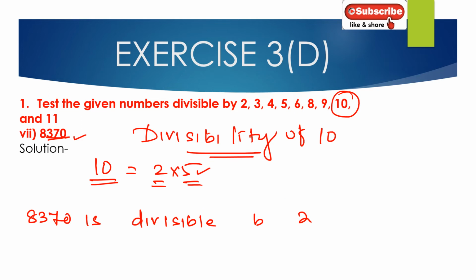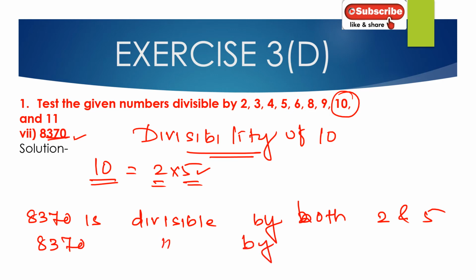Eight thousand three hundred seventy is divisible by both 2 and 5. So this number 8370 is divisible by 10. So 8370 is divisible by 10.